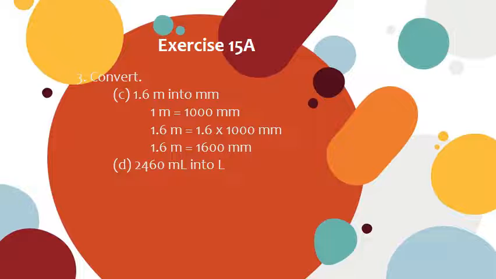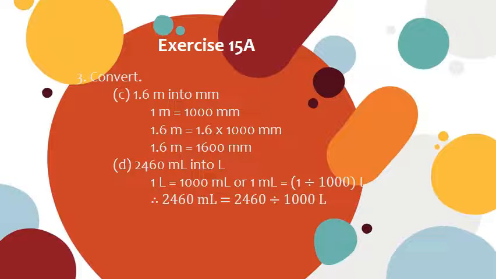Now let's come to the next question. We have to convert 2460 milliliter into liter. Milliliter is the smaller unit and liter is the larger unit, and 1 liter is equal to 1000 milliliter. So we can say that 1 milliliter is equal to 1 divided by 1000 liter.